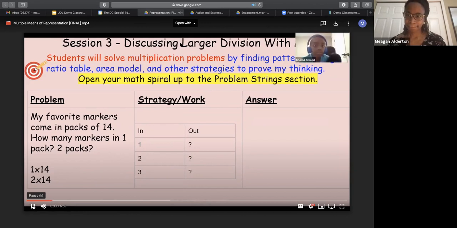Khalid, go ahead, tell me one thing. We will solve multiplication problems. Good, we're solving multiplication problems. Good, anything else, anyone? And we will be finding patterns. Finding patterns, good. Kingston, I love when you are paying attention and engaged, sir. You're so important to this classroom. Good, thank you, Kingston. Finding patterns, anything else, anyone? By using all our different ratio tables, area models, and other strategies. Good, by using our strategies, ratio table, area model, and other strategies.